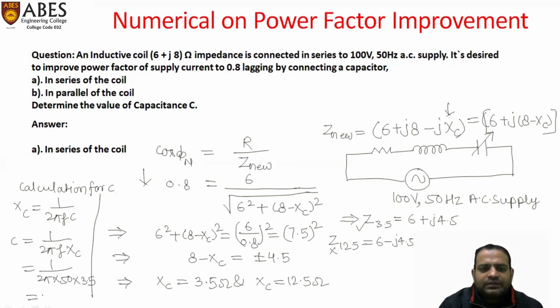After calculating, this value would be 9.09 into 10 to the power minus 4 farad. So in series with the coil, when we join a capacitance, 9.09 into 10 to the power minus 4 farad is required.